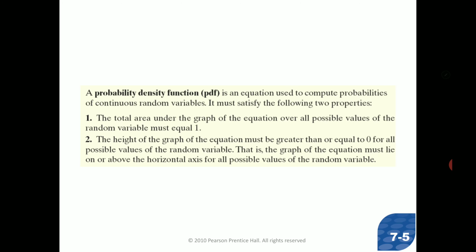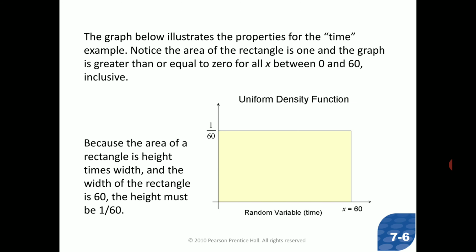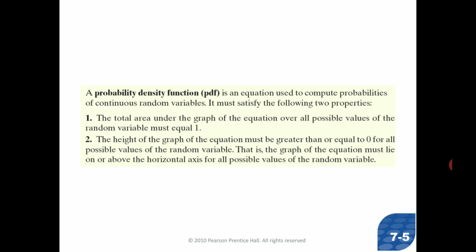So this is what it's going to look like. There's the probability density function. The big thing we want to look at is the total area under the graph. The total area under the graph of the equation over all possible values must equal 1. That's the big thing, that the area equals 1.